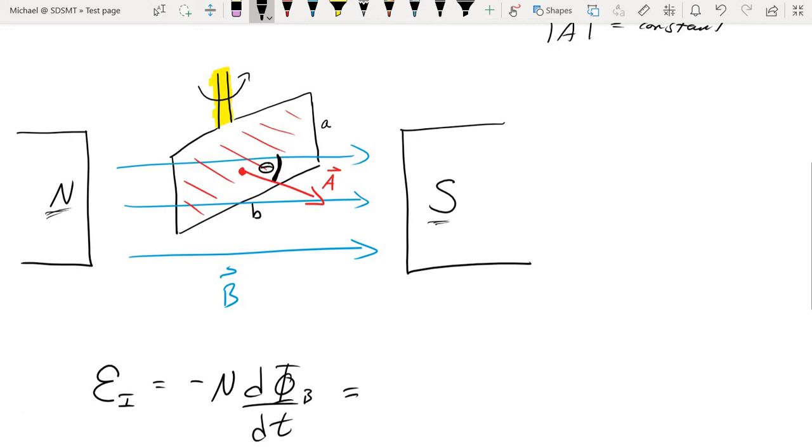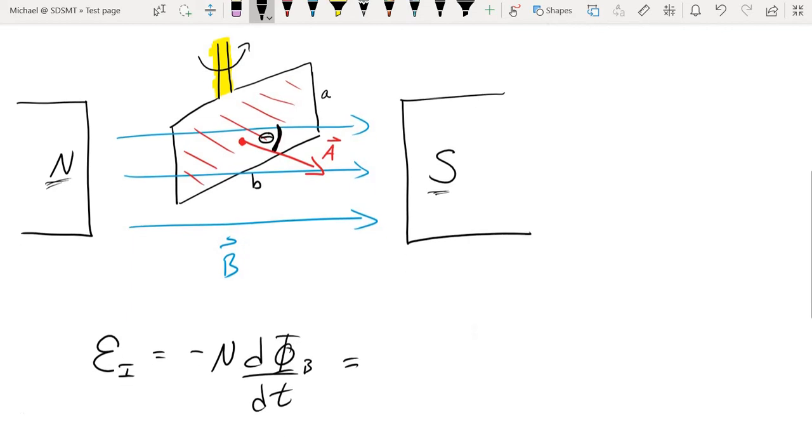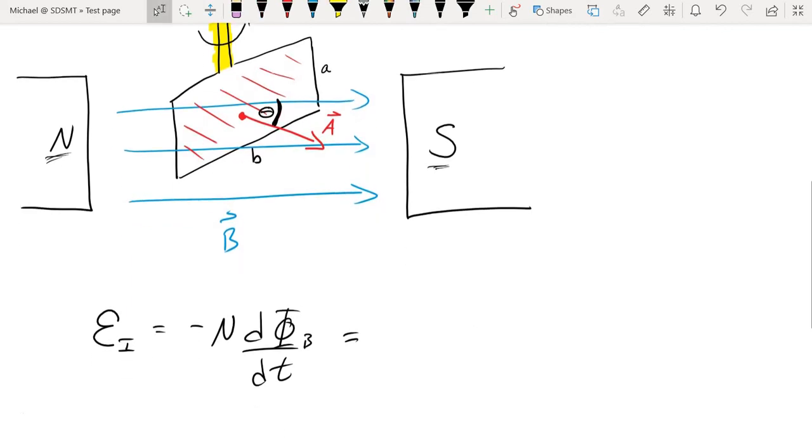That's the south end of that magnet. So not the same n values, obviously. But since we only have the one loop in this case, if we need to, we can just say that n is equal to 1. But in some other problem, you may want to put multiple loops in that coil. So keep that in mind.